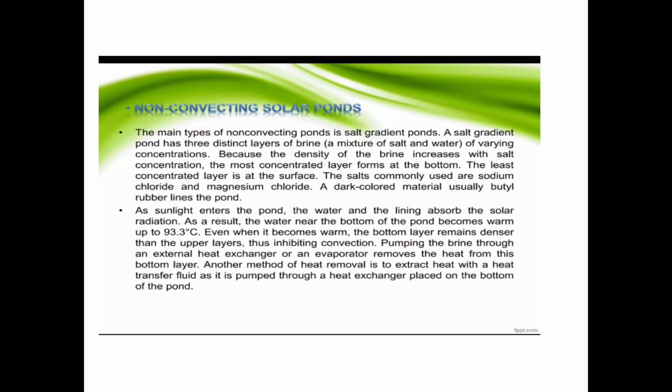The salts commonly used are sodium chloride and magnesium chloride. A dark colored material, usually butyl rubber, lines the pond. As sunlight enters the pond, the water and the lining absorb the solar radiation. As a result, the water near the bottom of the pond becomes warm, up to 93.3 degrees Celsius.